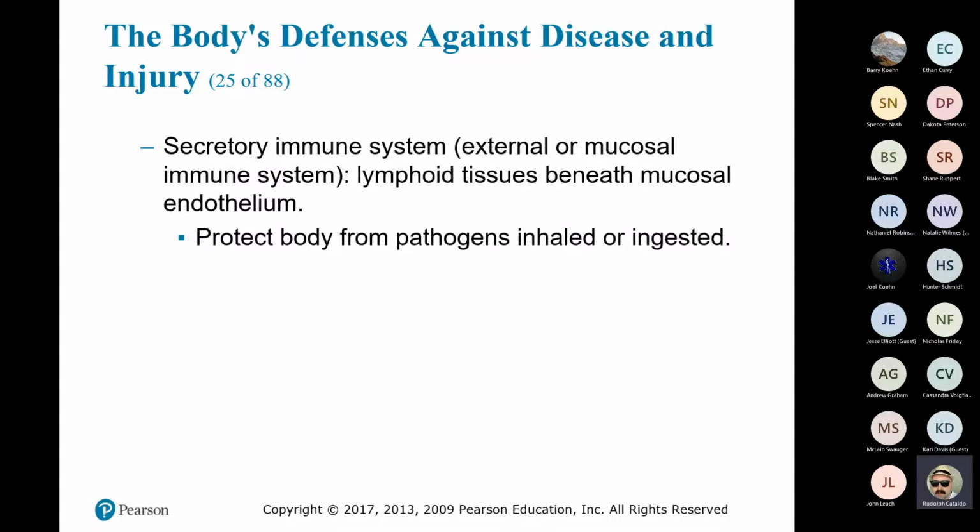All right, so immune system. We talk about mucosal membranes or endothelium protecting the body from pathogens inhaled or ingested. So how does our body respond to that? Say we have an antigen entering our nose. How does our body respond to that? I know we've talked a little bit about it.